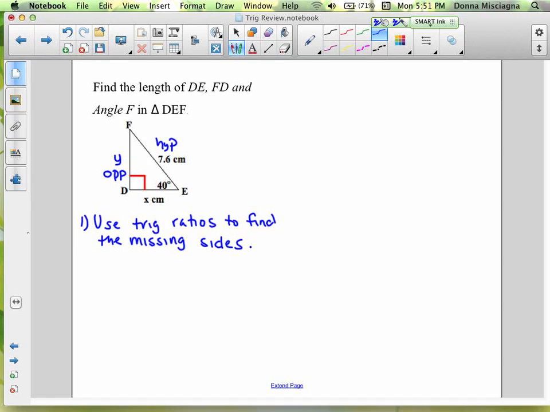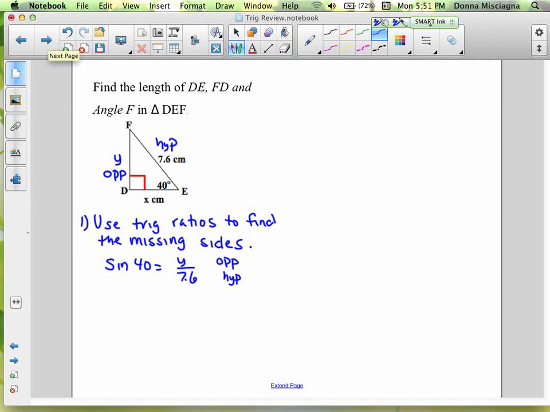Y is the opposite. Who uses opposite and hypotenuse? That would be sine. So we have sine 40 equals y divided by 7.6. We would use sine because we're looking for the opposite and we know the hypotenuse. I'll put the little reminders there.